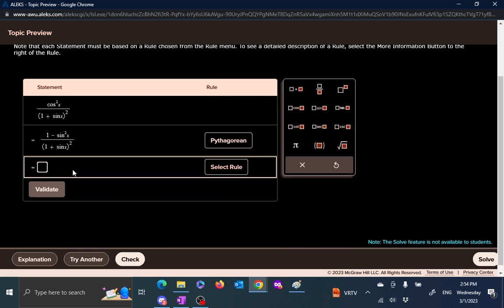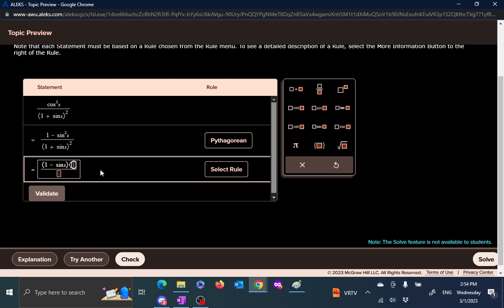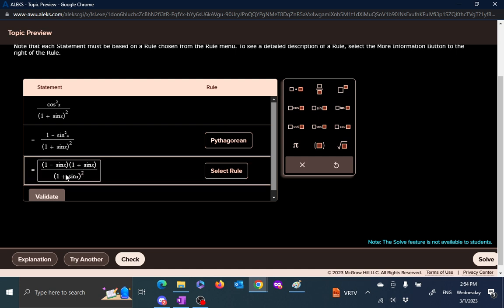So in the numerator, again, we have a fraction. Let's make our fractions so that it's a little bit easier. 1 minus sine of x, and then 1 plus sine of x. The denominator is parentheses 1 plus sine of x squared.